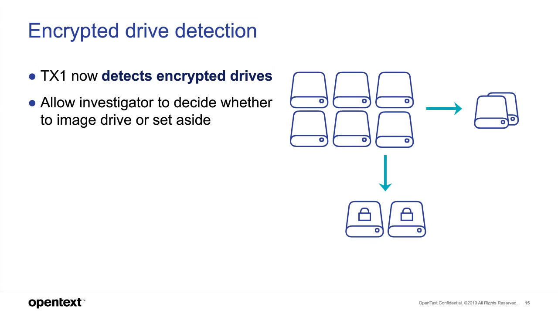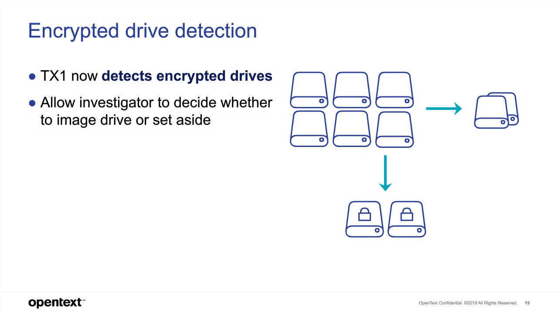Likewise, and again, depending on the nature of your case, you may encounter a whole disk encrypted drive in an investigation that should not include such things, which makes that encrypted drive the most interesting piece of digital evidence in that stack of media.